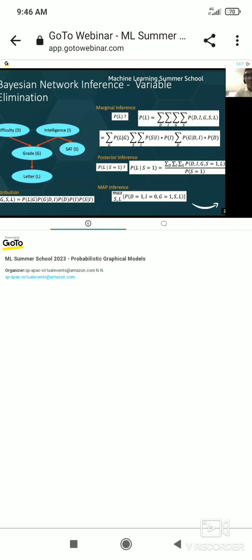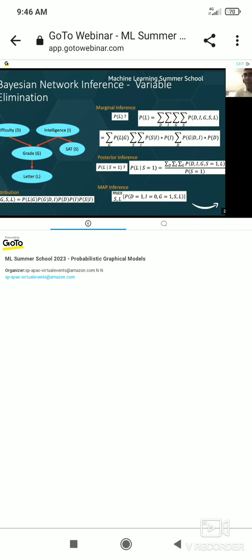The way we would estimate this marginal distribution is through a process called marginalization, wherein you take the joint distribution and integrate out all the variables that you're not interested in. For example, to find the probability of L, you would take the joint distribution and integrate out the difficulty, intelligence, grade, and SAT scores.